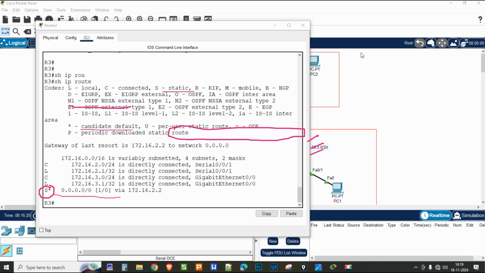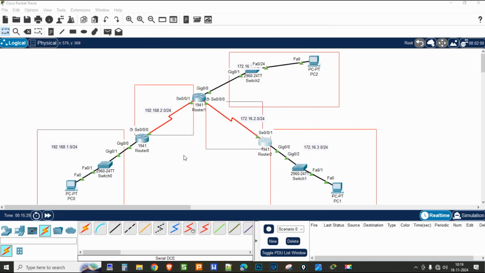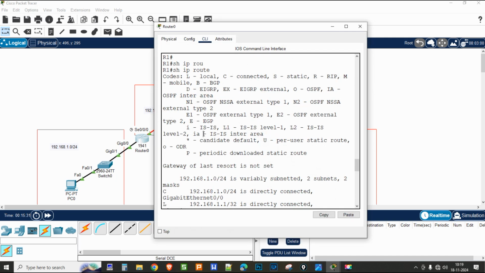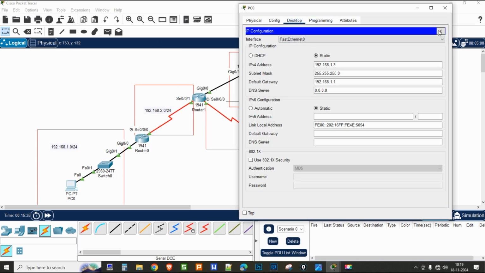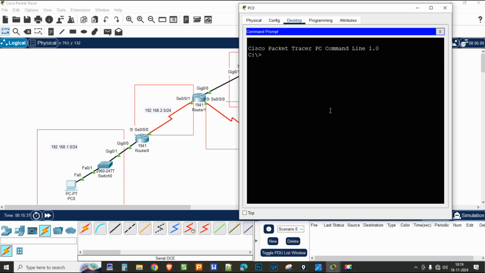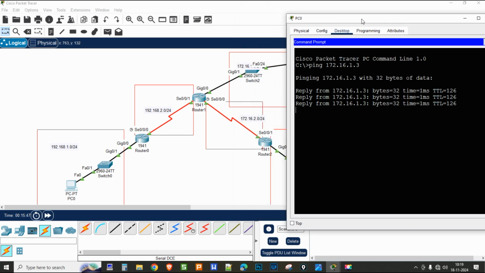Now we check the routing table and send the traffic to understand the path. For example, R1 to 172.16.1.3. Yeah, you can see the traffic.